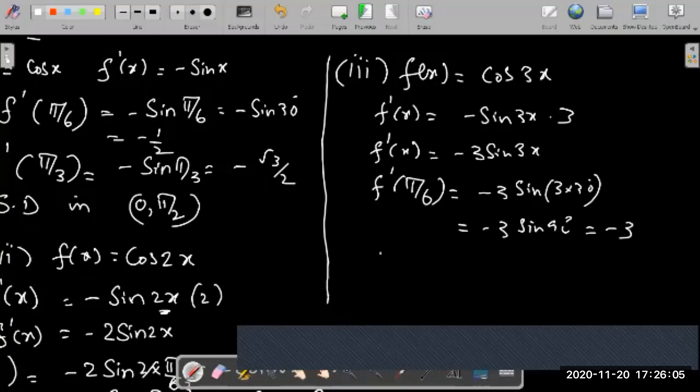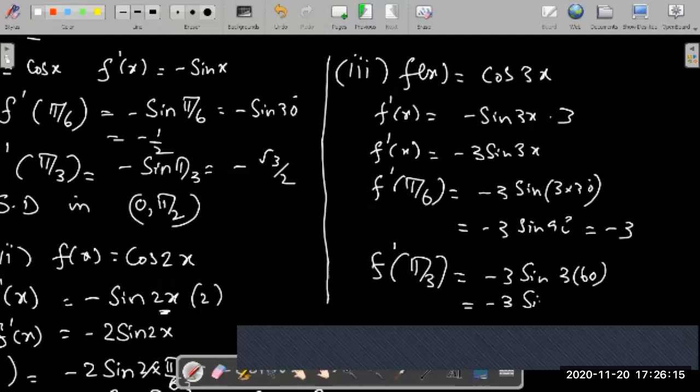So negative. F dash pi by 3, which is 60 degrees: minus 3 sine 3 into 60 degrees, that's minus 3 sine 180 degrees, equal to 0. So definitely this is not strictly decreasing because of this 0. Therefore, f of x equal to cos 3x is not strictly decreasing.